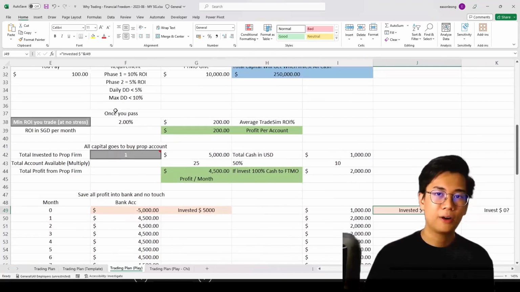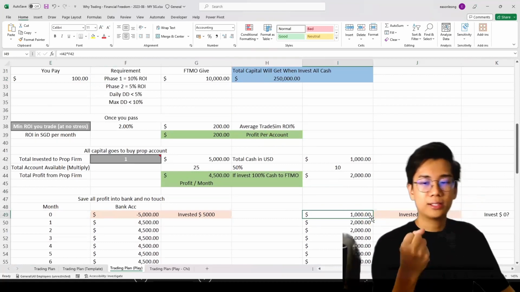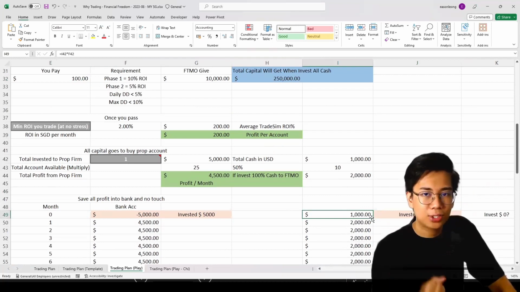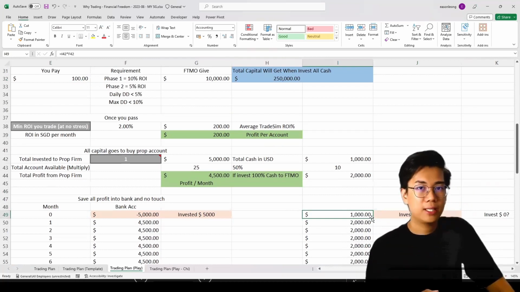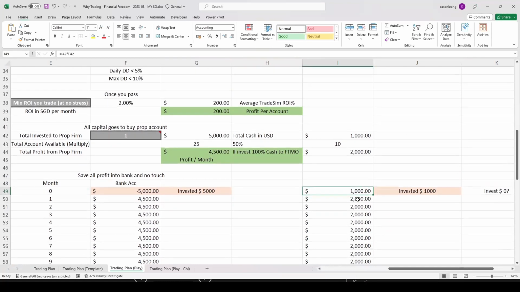So same thing, on the profit journey, now I only have $1,000 in my hand. What I need to do is make sure I fully leverage whatever resources I have, and I go all out. So with $1,000, every single month I make an estimate of around $2,000.